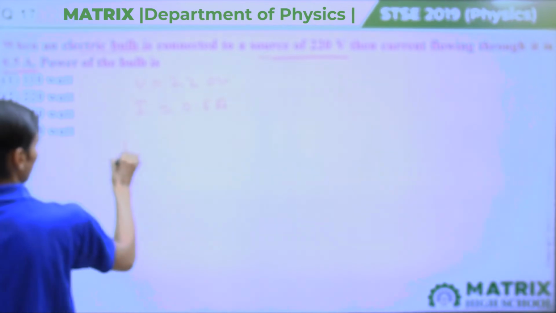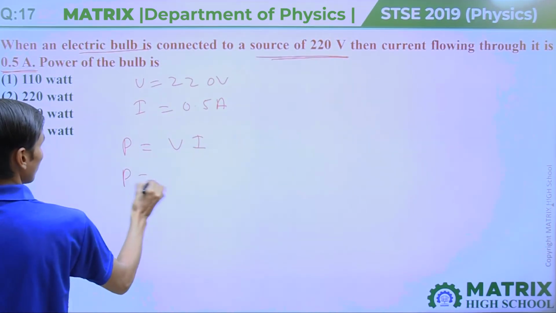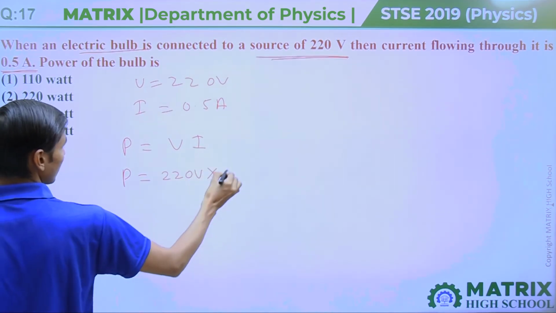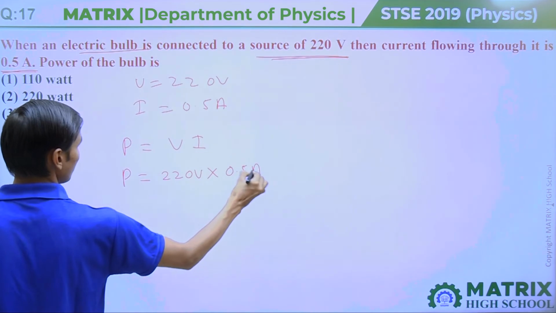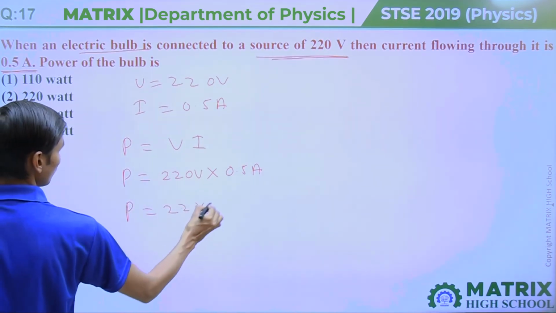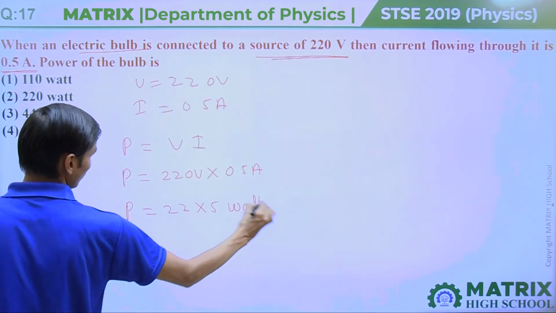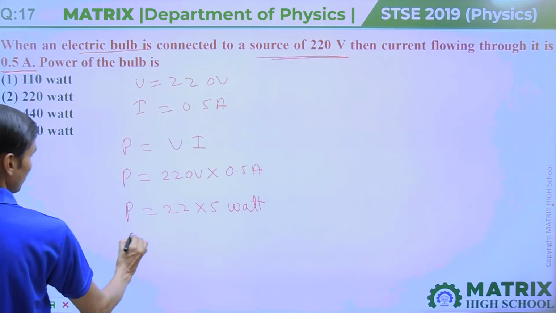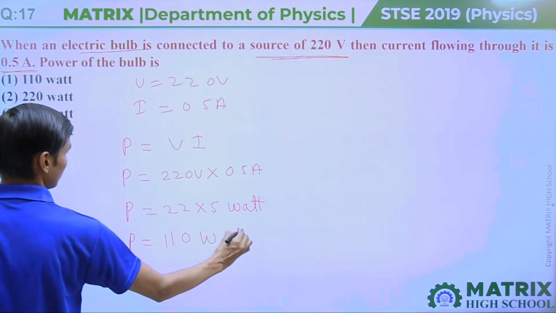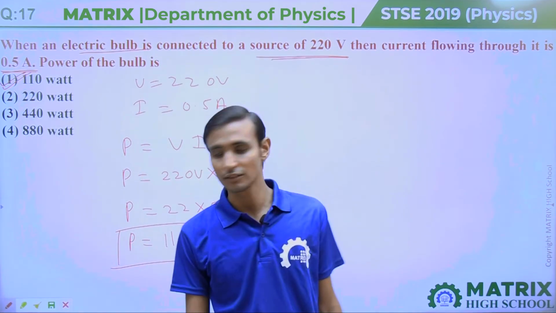Then power of bulb, as we know, power is voltage into current, then power equal to V is 220 volt multiplied by current is 0.5 ampere. That means P equal to 22 into 5 watt, P equal to 110 watt. So your answer will be option first.